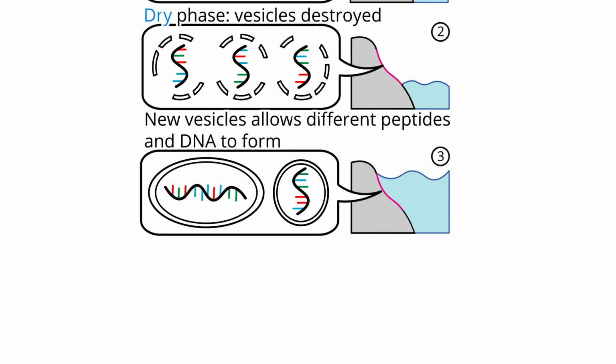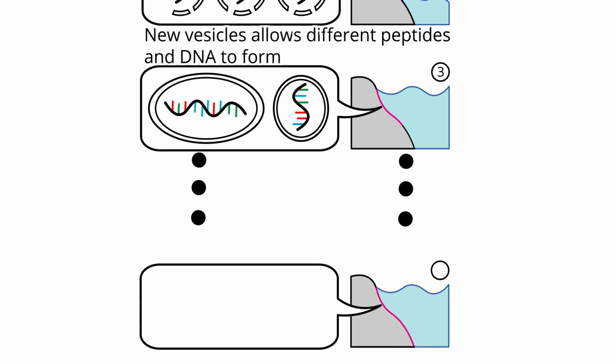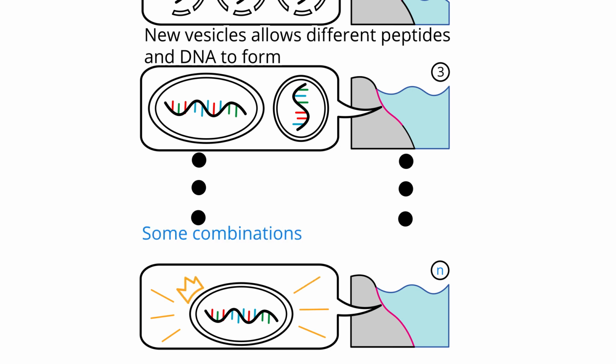Over extended periods of time and countless cycles, it becomes realistic to imagine that by chance, some combination of these peptides or DNA start to give rise to unique properties and possible biological-like activity, such as reproduction.